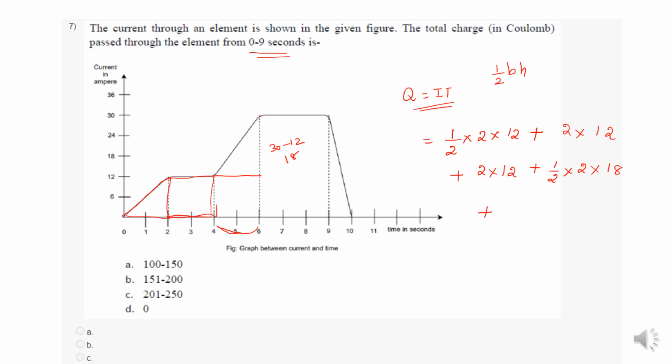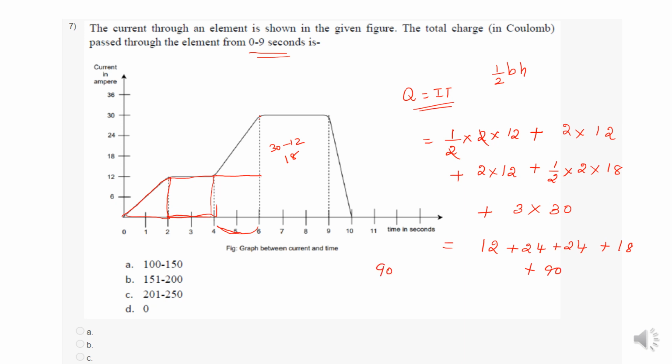Next, the rectangle: 3 into, here the height is 30. So 3 into 30. Now you have to add them. First write 12, 24, plus 24, plus 18, plus 90.